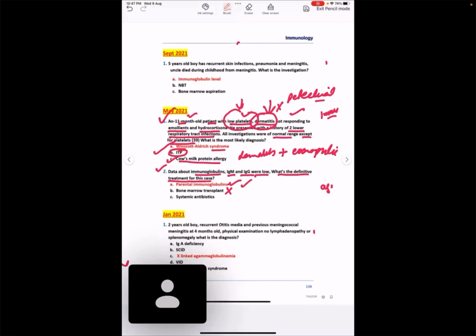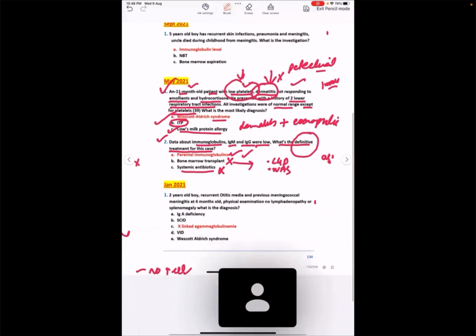You give IVIG or other immunoglobulins. Systemic antibiotics are a treatment, but not a definitive treatment. Bone marrow transplant is the definitive treatment for which immune deficiencies? Write down, please. That is for CGD, that is for Wiskott-Aldrich syndrome, and some others. So, you must know what the definitive treatments are.